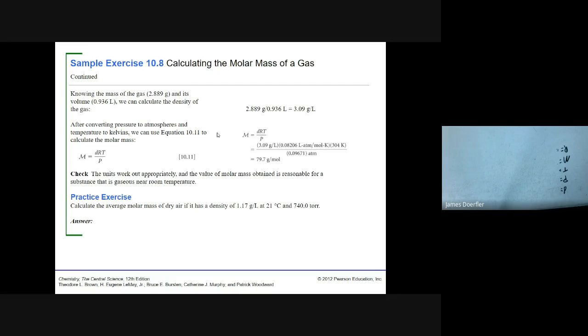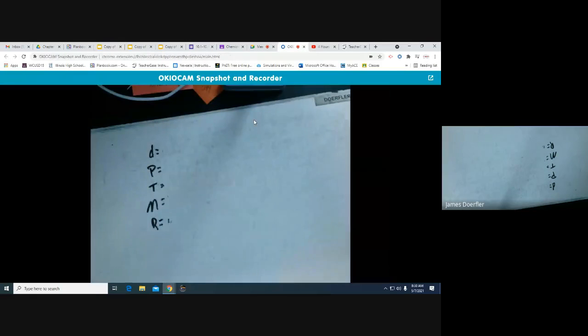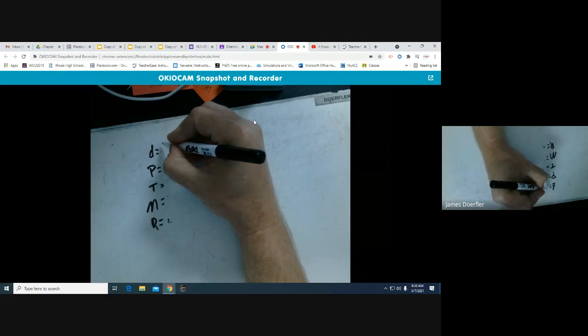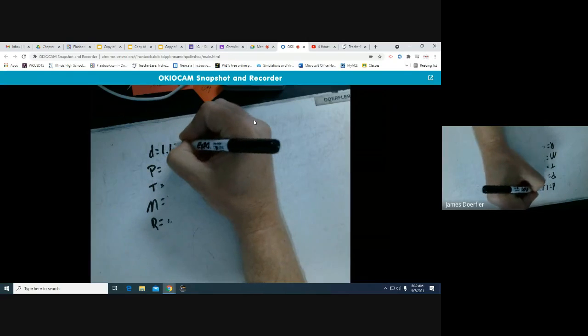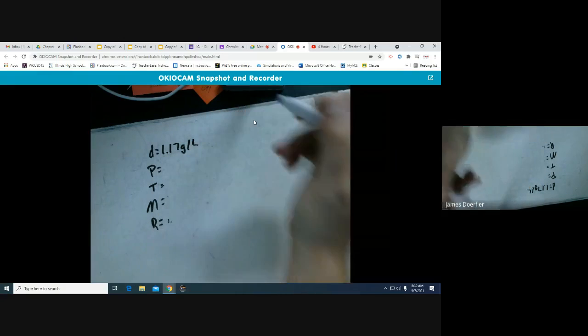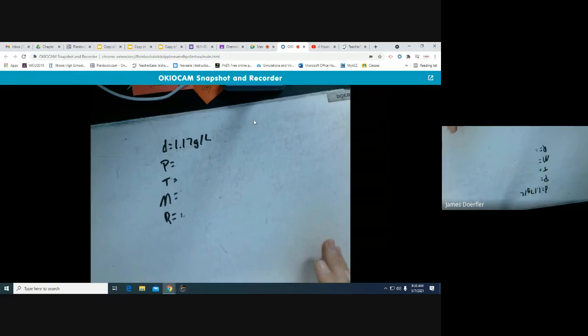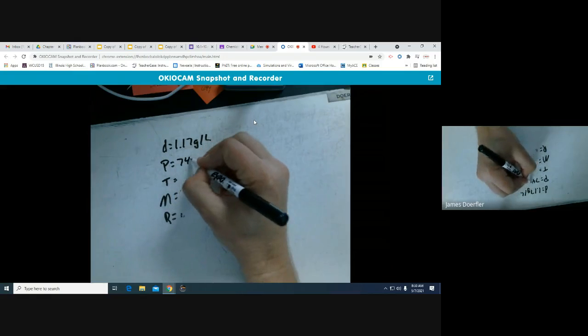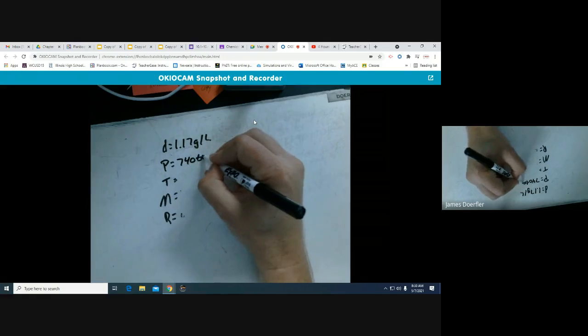Okay. Well, we've got a lot of things going on here. So let's take a look. Our density is not going to change or have to be modified at all. It is at 1.17 grams per liter. Now our pressure was at 740 torr.